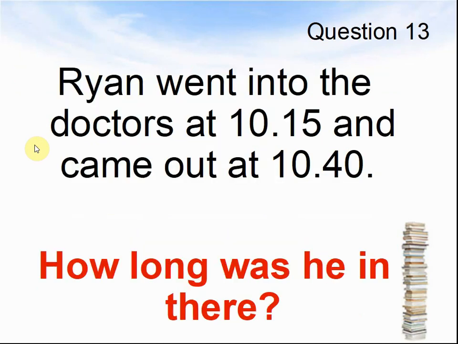Question 13. Ryan went into the doctor's at 10:15 and came out at 10:40. How long was he in there? Pause the video until you are ready for the next question. Here comes the next question. Question 14.